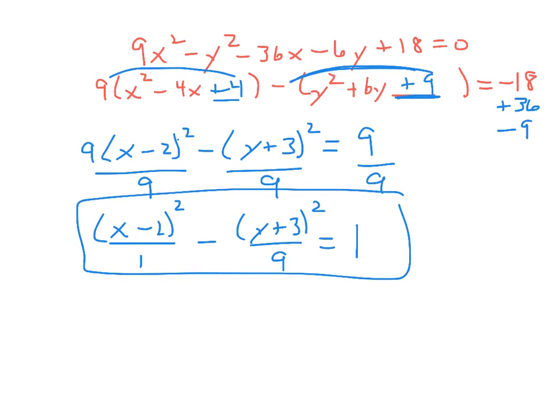Now in the homework, just like we did with ellipses, this one I am going to make you go through and find all the stuff for that, so you would know, for instance, on this one that your center is at (2, −3). We would know that it's horizontal because the x part is first, so therefore your a would be 1, your b would be 3, and using all of that, go back and look at those first two examples. You should be able to, from there, find all of the other stuff.